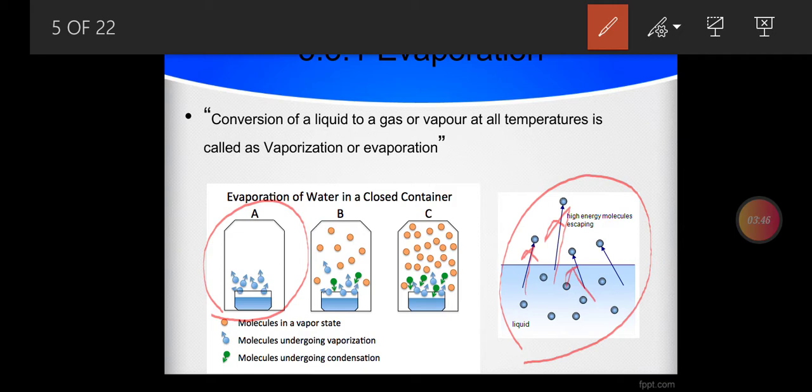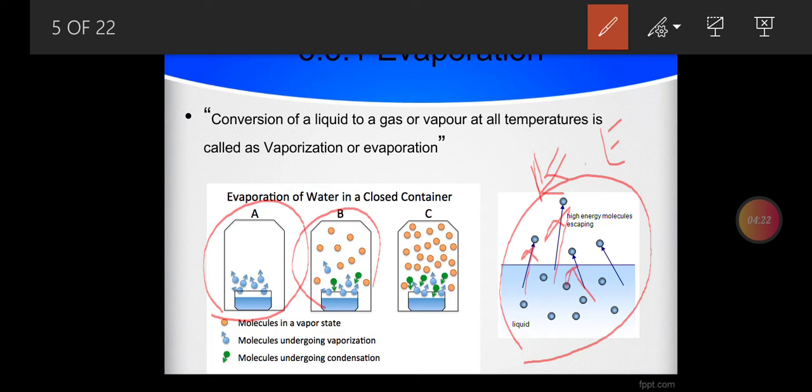They get enough kinetic energy to get rid of the intermolecular forces keeping them within the liquid. As a result, the high energy molecules escape from the surface and are collected at the top of the liquid as vapors, as you can see in B. So many orange color vapors have been collected at the top of the liquid.